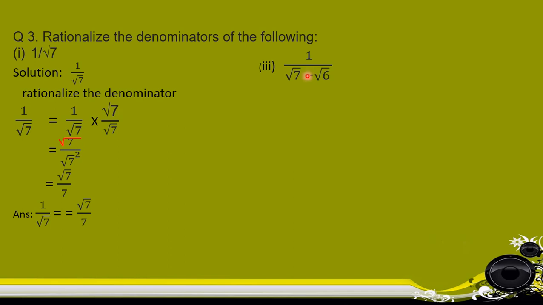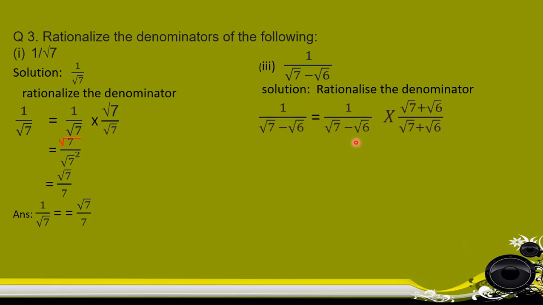So when we rationalize the denominator, we have to take this sign opposite. If it is minus, we multiply and divide by the same quantity with positive sign, and if the positive sign is there, we multiply and divide by the same quantity with minus sign. Here it is minus, so we will multiply and divide by the same quantity but with the positive sign, like this.